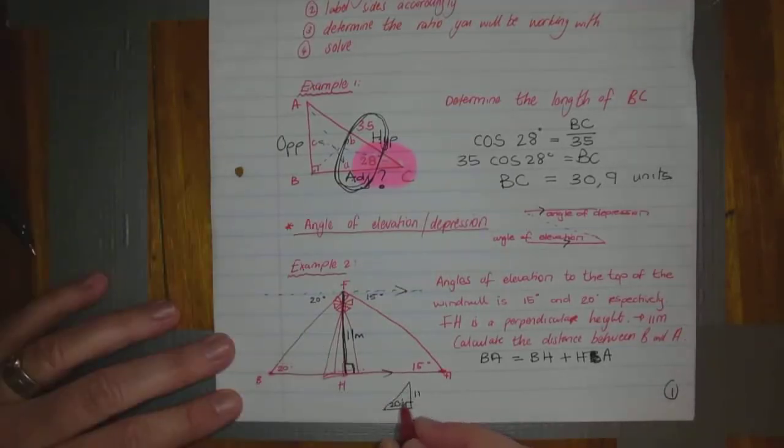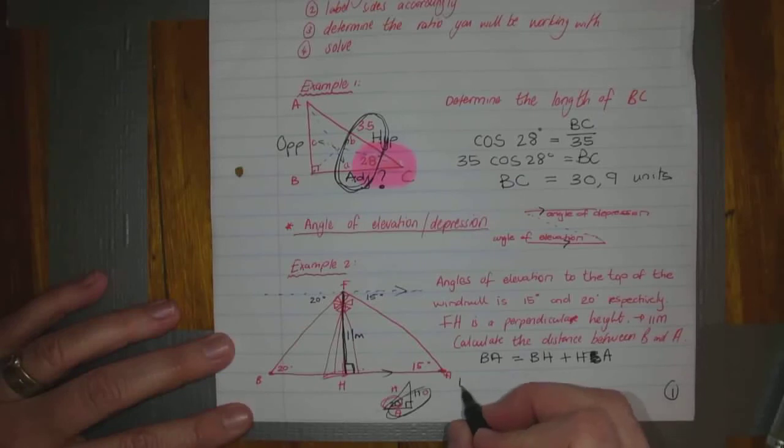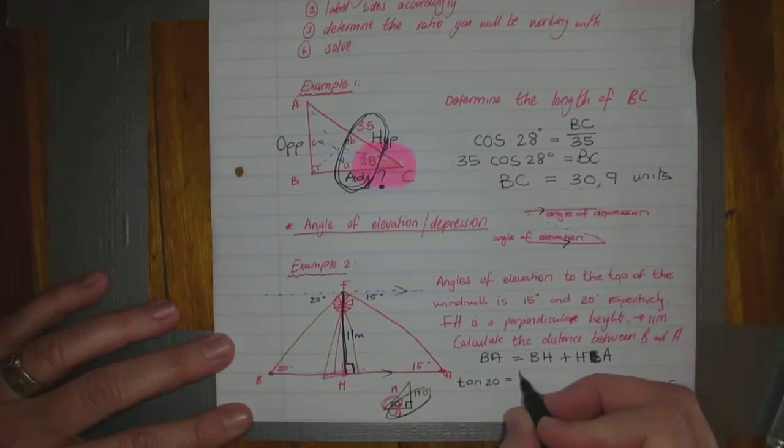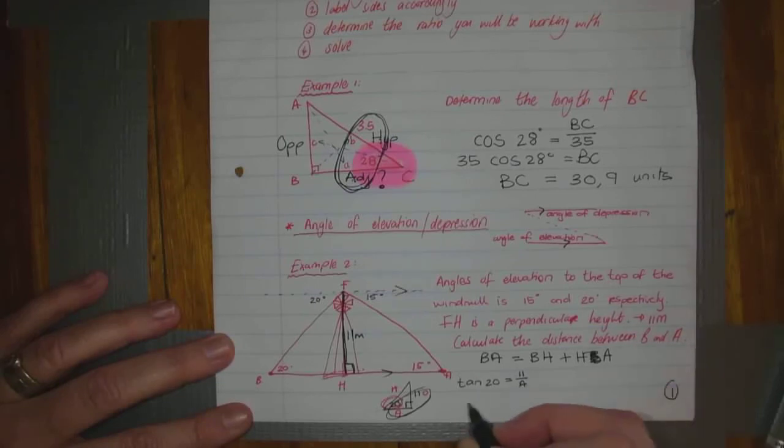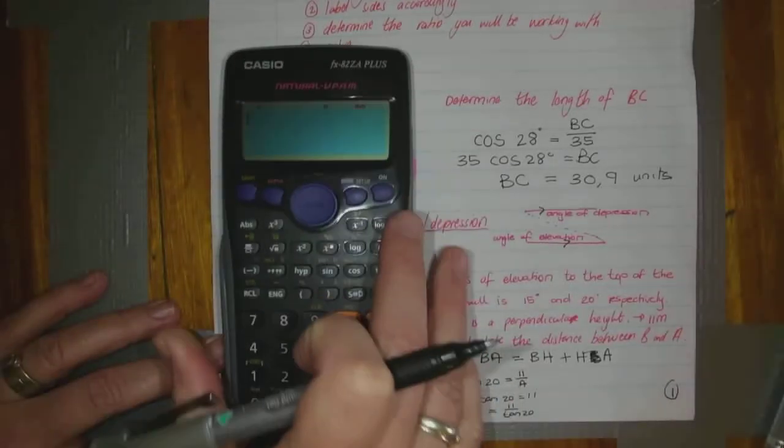Highlight what the angle is, label the side, opposite, adjacent, hypotenuse, determine what you have and what you want. I have 11, I want to work out that A, so O and A is tan. So tan of 20 is O over A, which means A tan 20 is 11, and A will then be 11 over tan of 20.